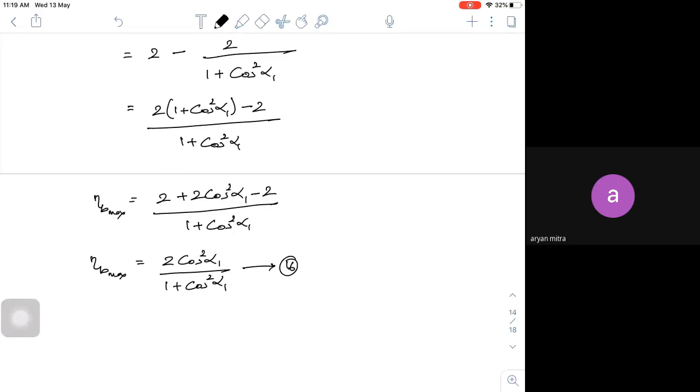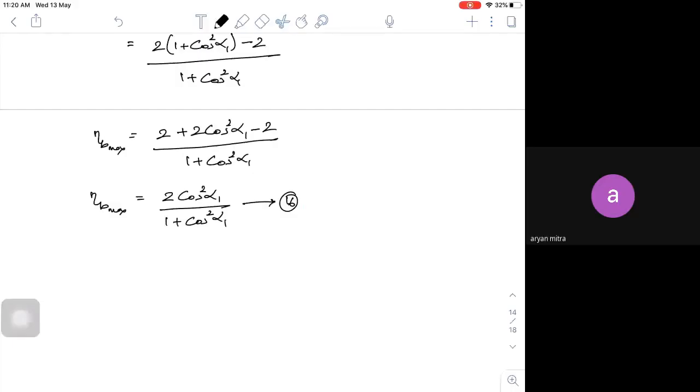Before we get into some numericals, let us look at the mass flow rate, or we can call it the discharge Q. The mass flow rate m dot is equal to rho into area of flow into Vf.